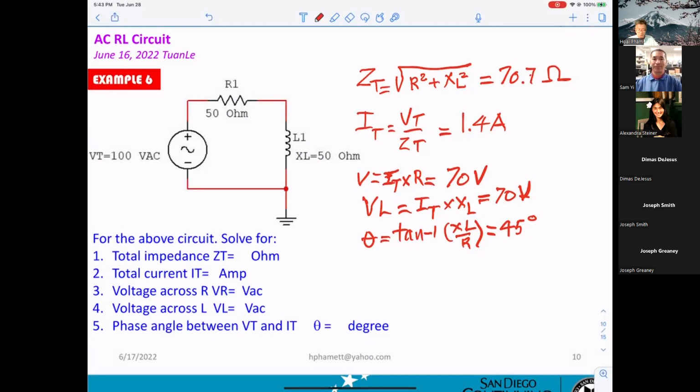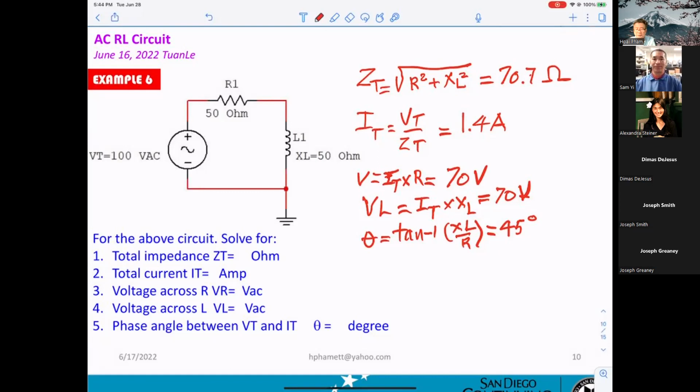Can you review question number 5, the phase angle between VT and IT? The equation is tan⁻¹. That's what I'm talking about when you're using your calculator.